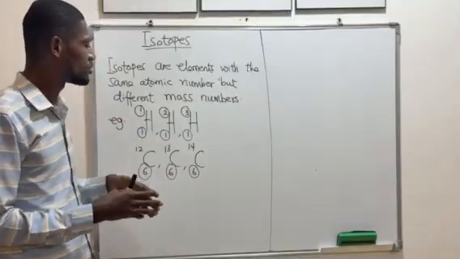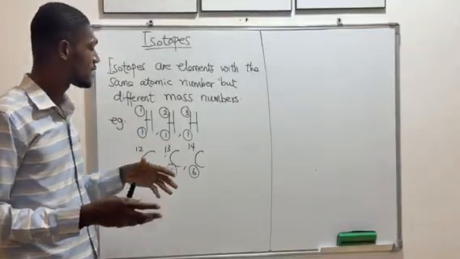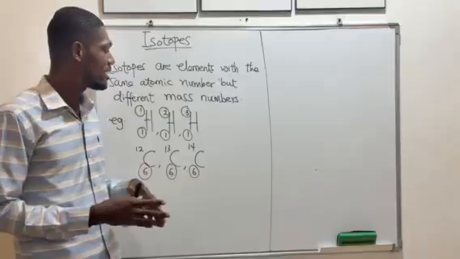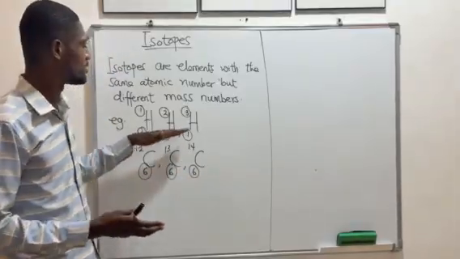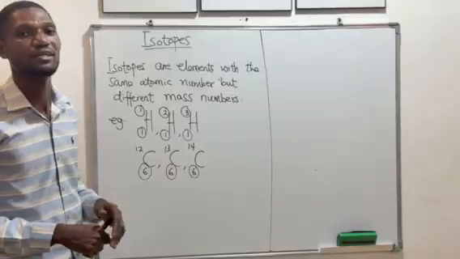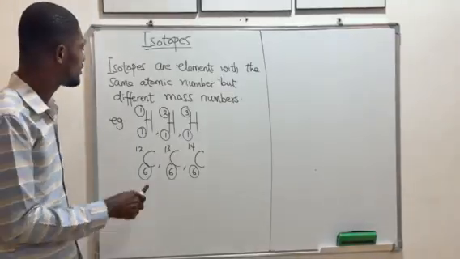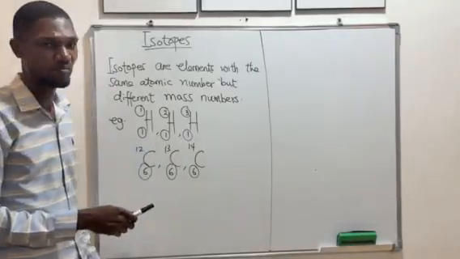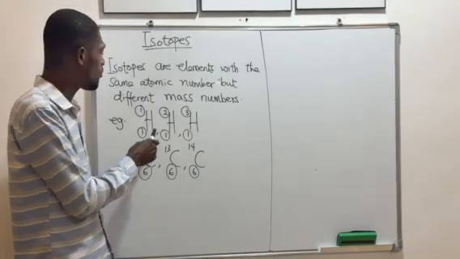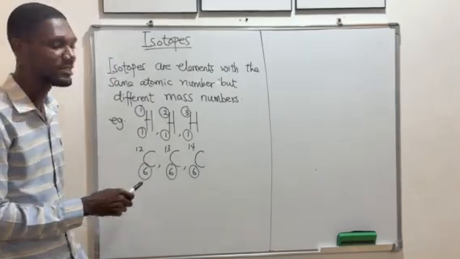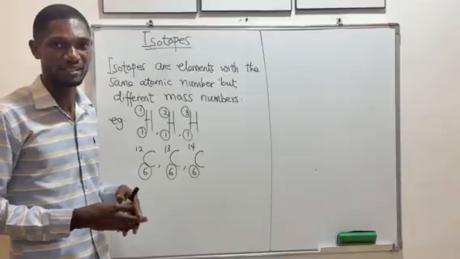You need to understand that for every element, there are mixtures of isotopes, as we can see with hydrogen and carbon. Now, given the different masses, we cannot consider only one isotope of an element as the mass of that element.